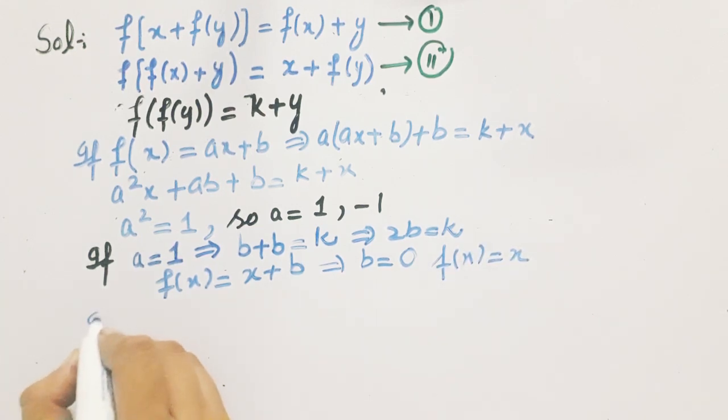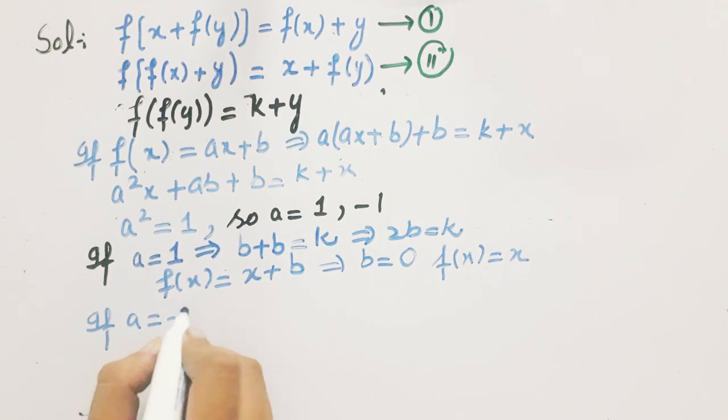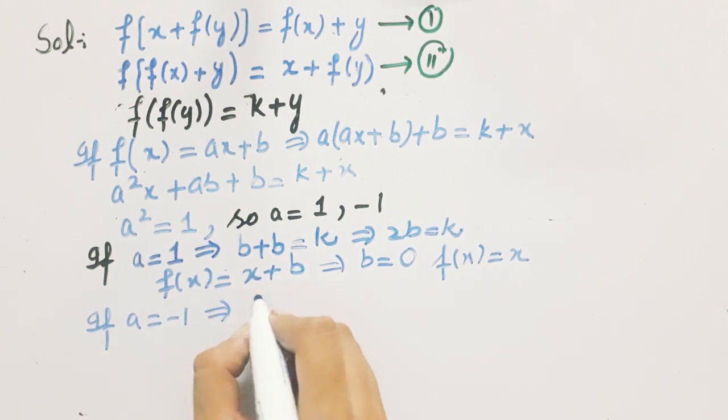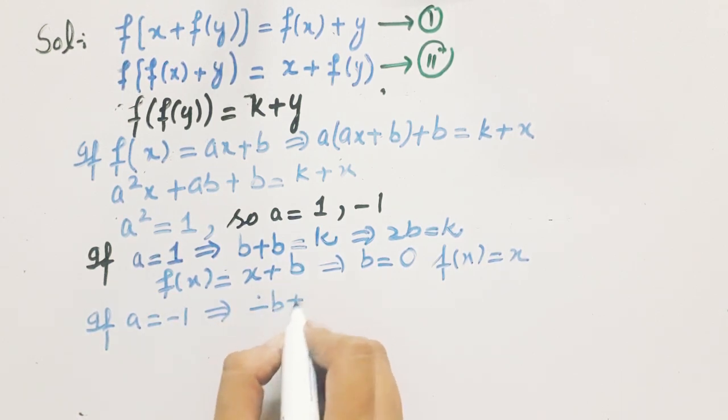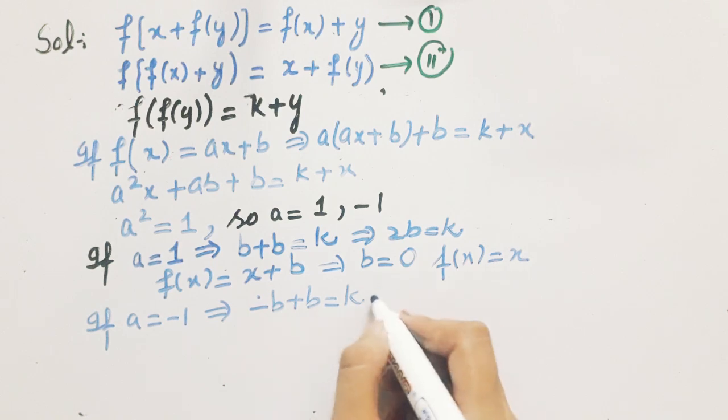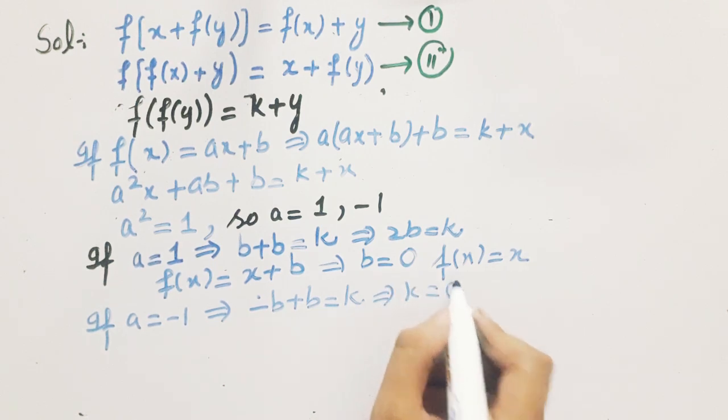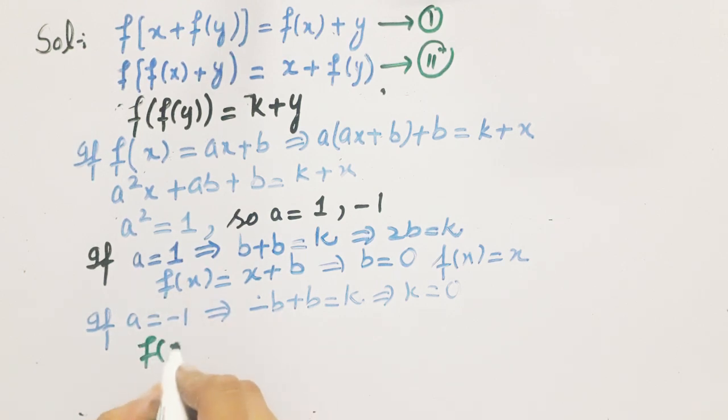Now if a is equal to minus 1, this implies that minus b plus b is equal to k, which implies that k is equal to 0. So we have f of x is equal to minus x. We found this works.